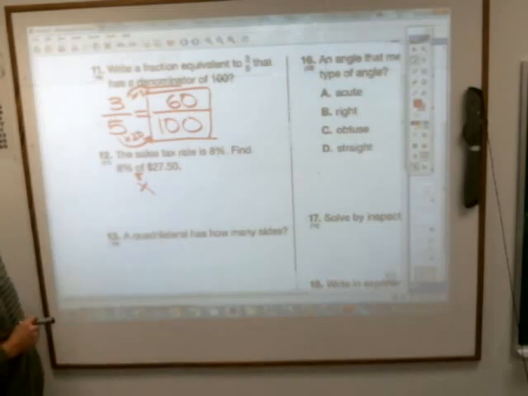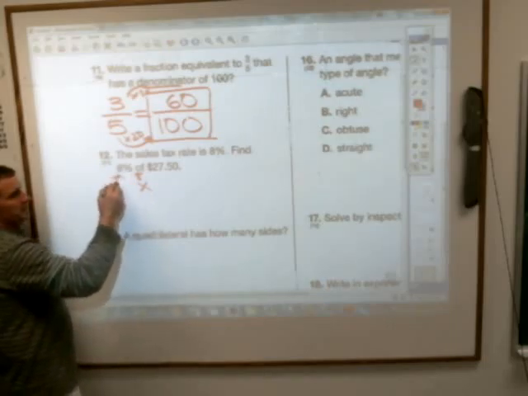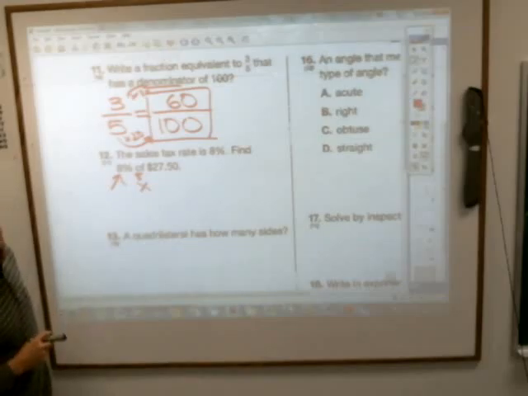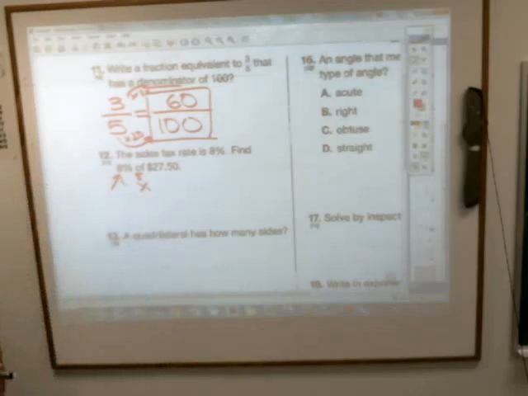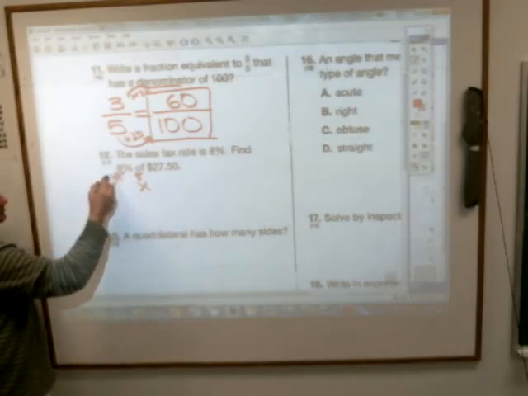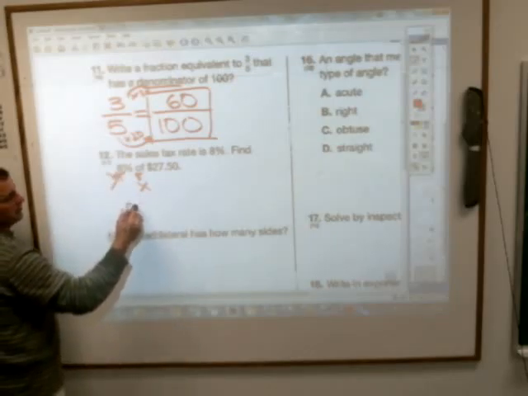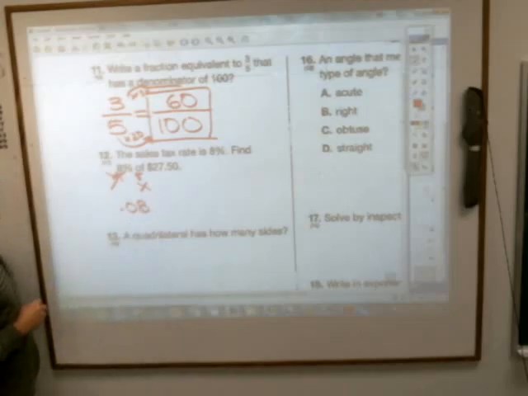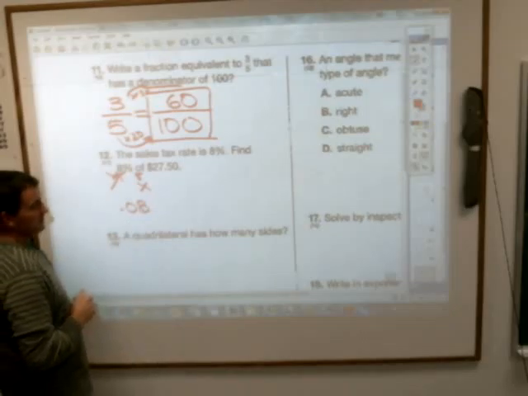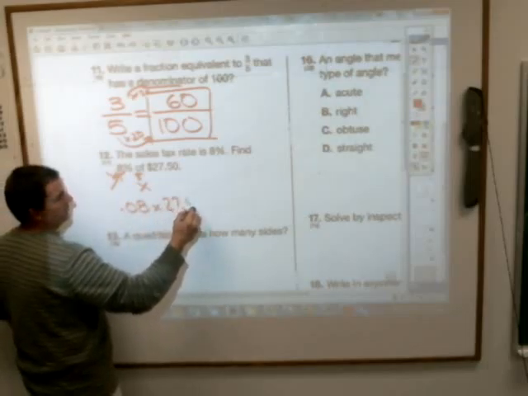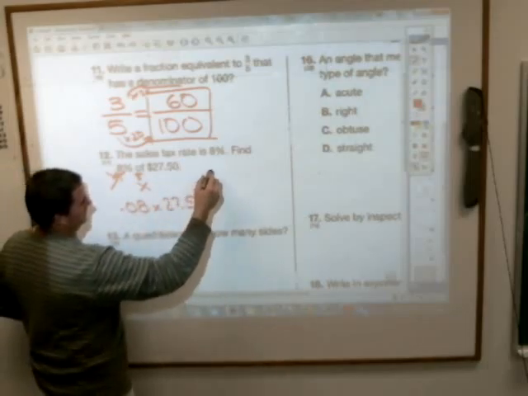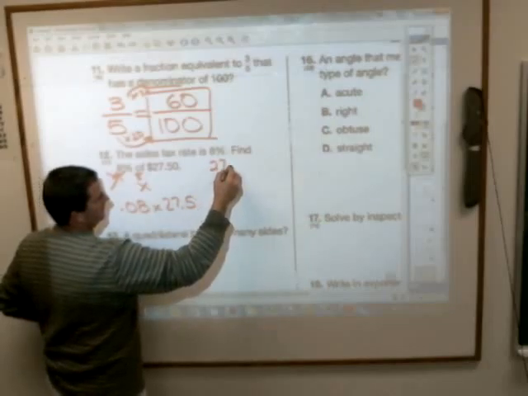Secondly, note to self: I see people do this all the time. 8% is not 0.8 because that's 80%. 8%, if you put the decimal back 2 places, is 0.08. Otherwise, you're going to end up with $22 in tax as opposed to $2 and something. And then it's just a matter of multiplying out. You really don't need that 0 at the end of $27.50, but hey.